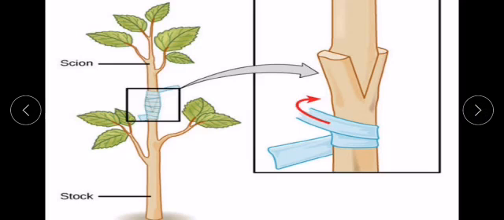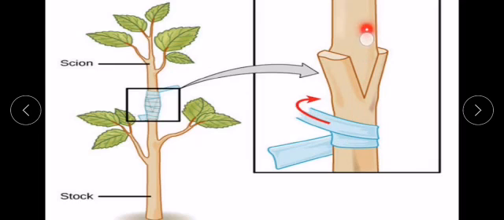In grafting, what we do is take a branch from a good variety of plant and attach it to a plant of inferior variety. Like this plant of good variety, good quality, this part is called scion, and this lower part is called stock, and then we graft it like this.